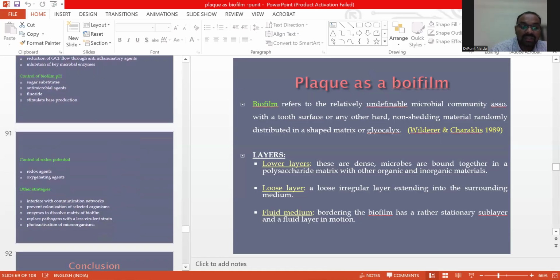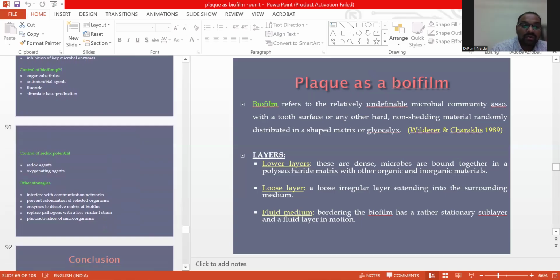Control of redox potential by redox agents and oxygenating agents. And the other strategies are interfering with communication networks, preventing colonization of selected organisms, enzymes to dissolve the matrix of the biofilm, replacing pathogens with a less virulent strain, and photoactivation of the microorganisms.